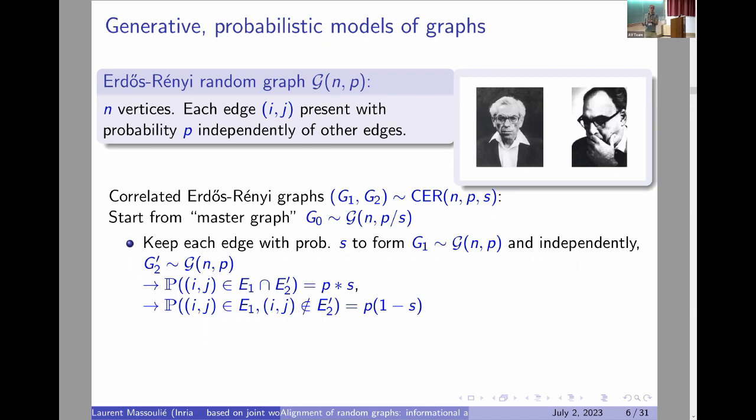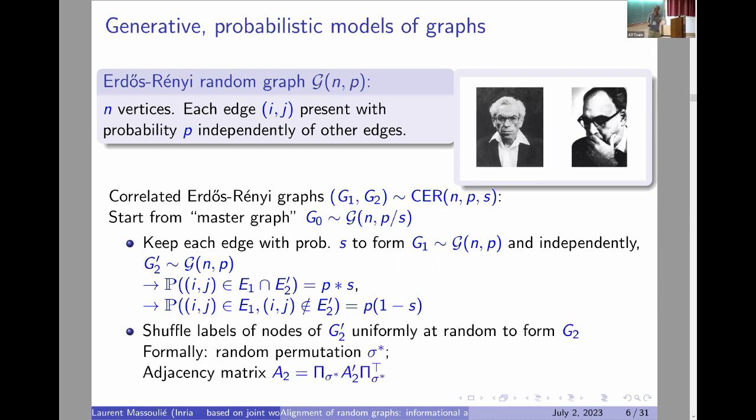Now, the game would be very easy if I revealed G1 and G'2 because I have not messed up the labels yet. So what I do last, to have my observations in my task of aligning the graphs, is that I will rename at random the vertices of G'2, and this is how I produce G2.